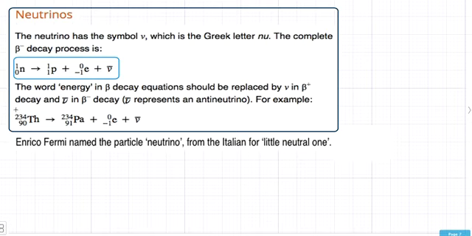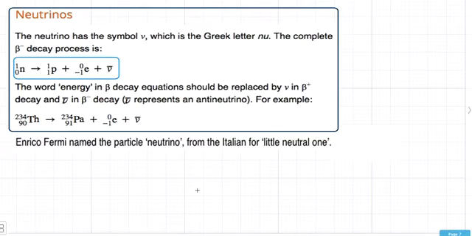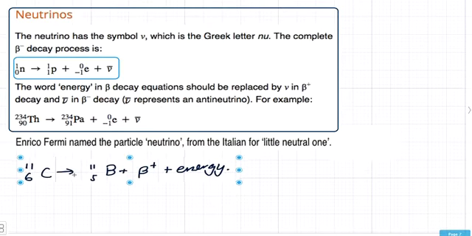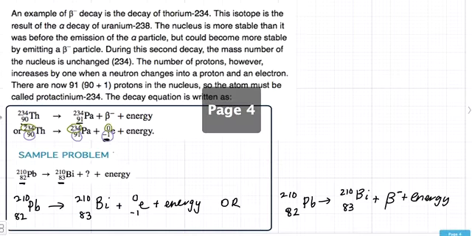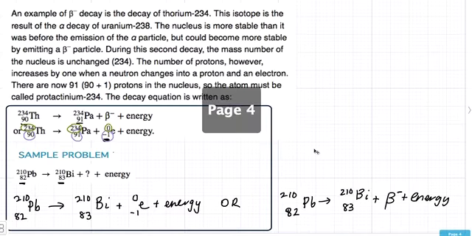All right, so for example, if we go back, I'm just going to copy a couple that we've seen so far. So here, this is our carbon to boron. This is probably a nice example to have. And when we looked at our beta minus decay, we had the example of lead to bismuth, this one here.